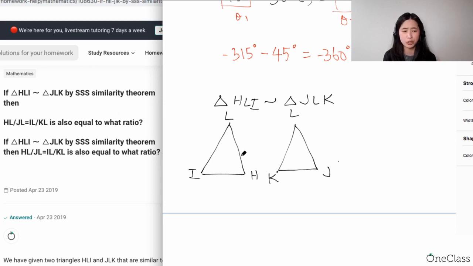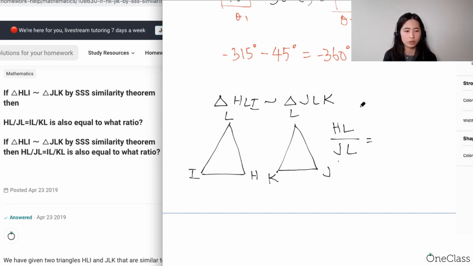Say you're looking at HL. You're supposed to have the numerator from one triangle, so that's one segment, and then the other one would be JL, which is coming from the other triangle.